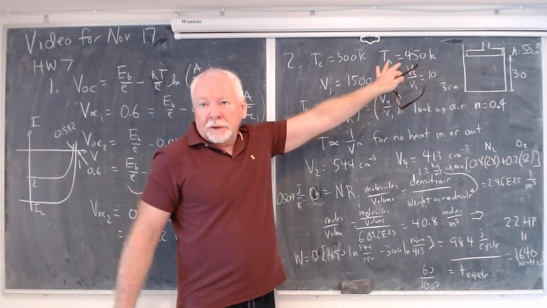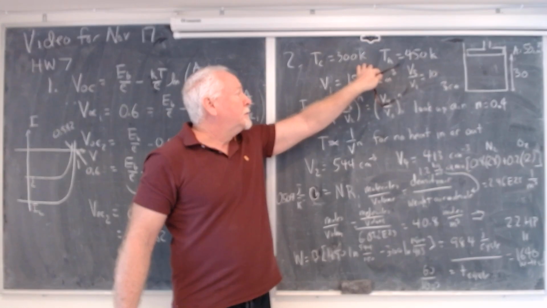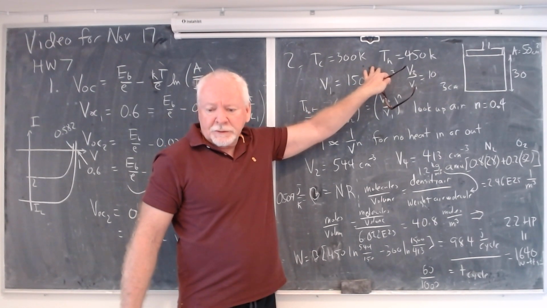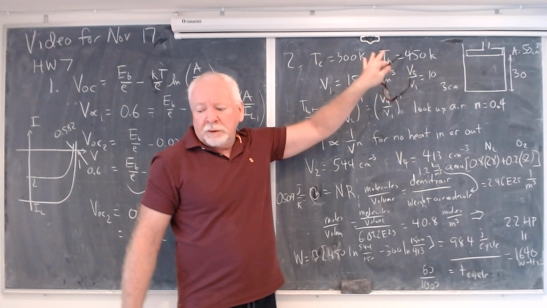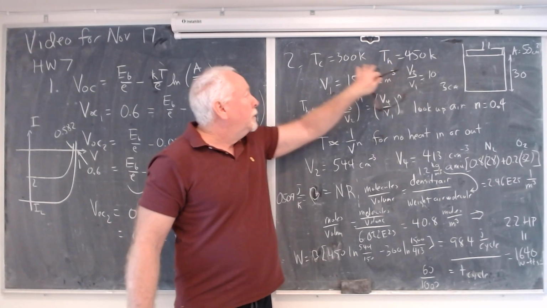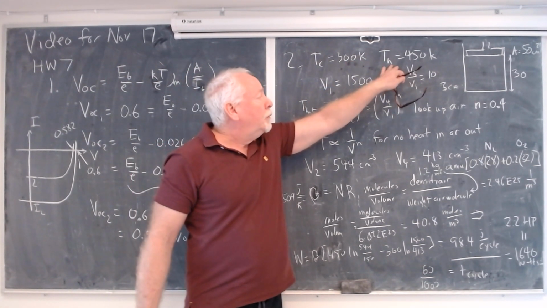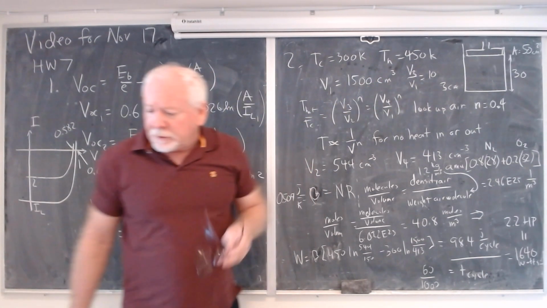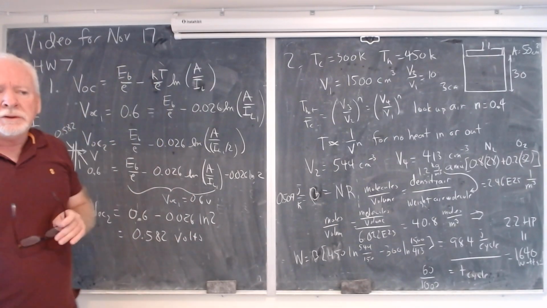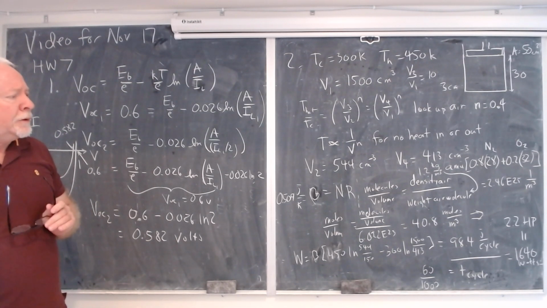And the point is that because the Carnot efficiency is the highest efficiency you can get, it's telling you that if you can drive some engine, a real engine, for example, now 300 Kelvin, that's room temperature, so that's kind of fixed. But 450 Kelvin, well, that's 150 centigrade, and so you don't have to go really, really hot before you can get a fair amount of power out of an engine.